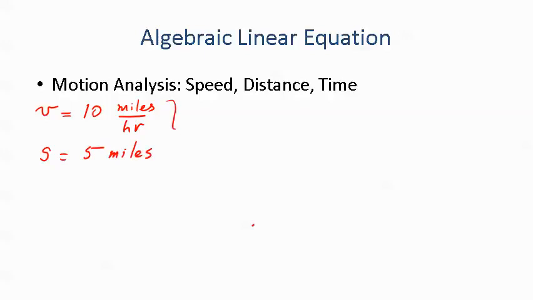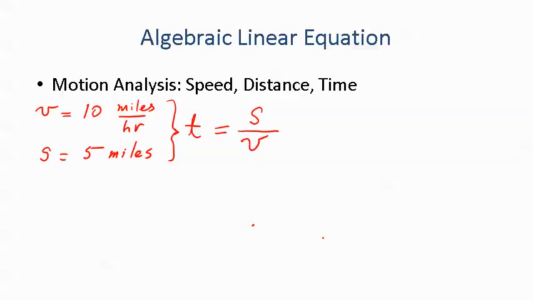We are interested to find out how much time it takes to cover these 5 miles. So the time required can be found by using one of the earlier equations, which gives us the time as the distance traveled divided by the speed.